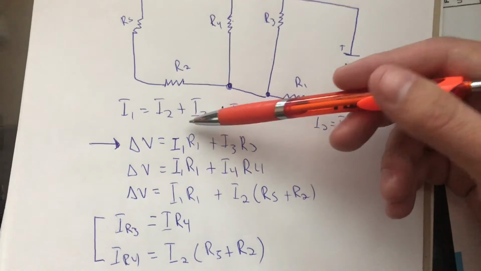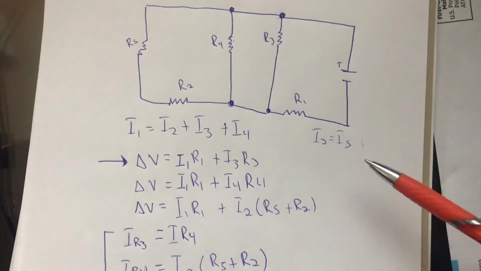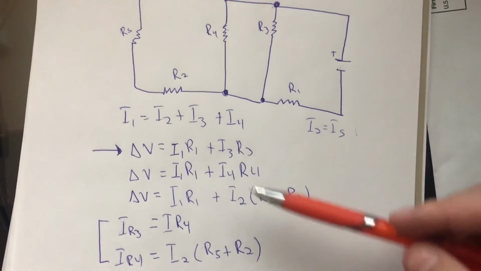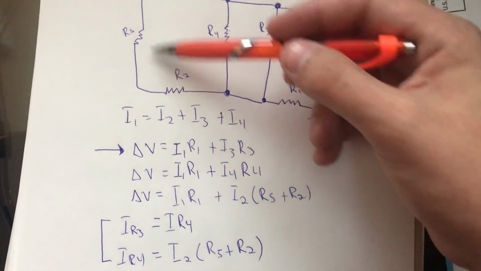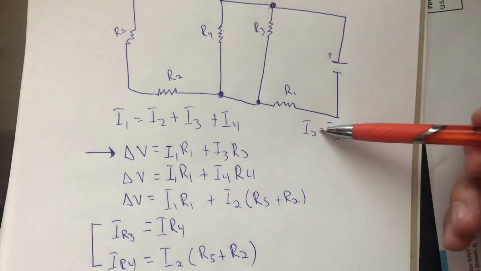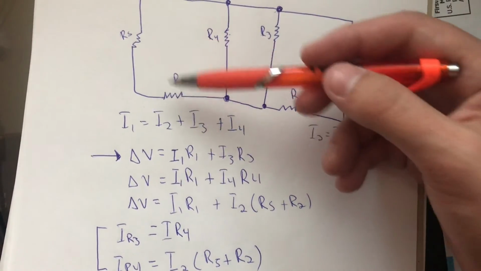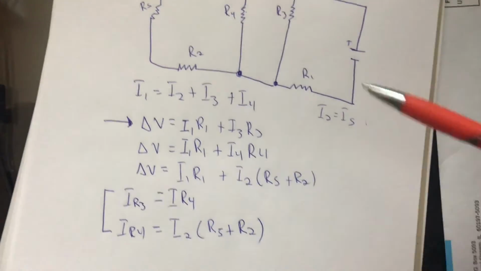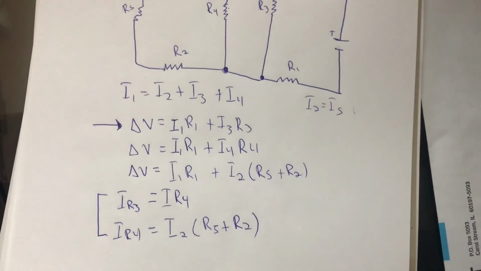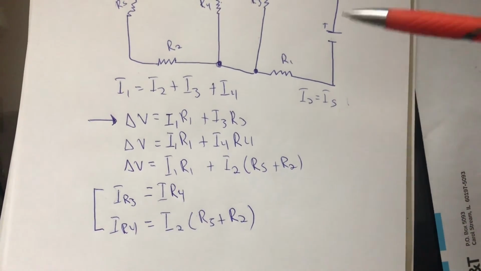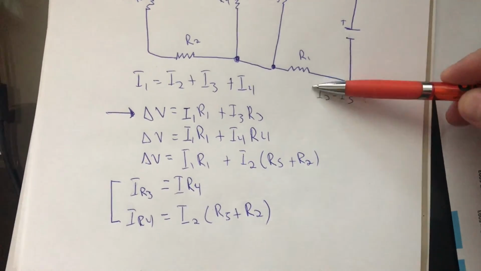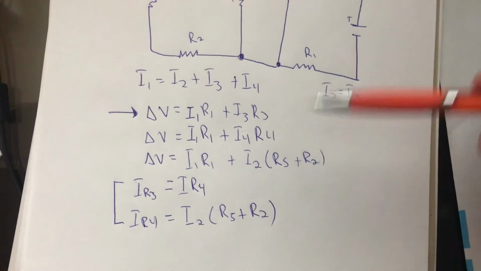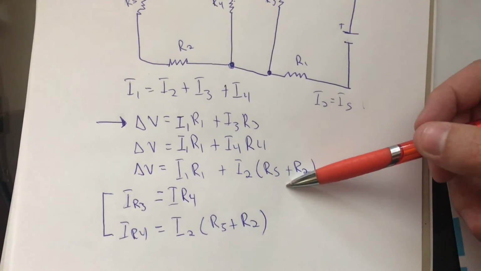Now, you might be asking, where's I5 at? Well, I5 and I2 are equal to one another, so we just factored that out. I2 and I5 are the same in a series circuit, because remember, in a series circuit the current is the same. That is why last week when I said in simple circuits, it's very important that you understand the difference between a series circuit and a parallel circuit, because we're going to exploit those definitions in these calculations.